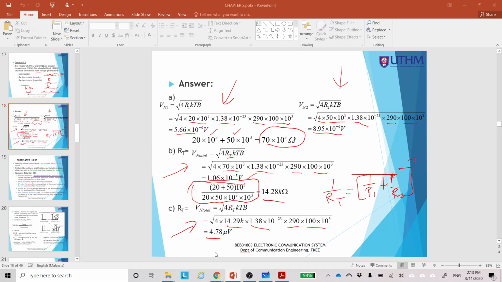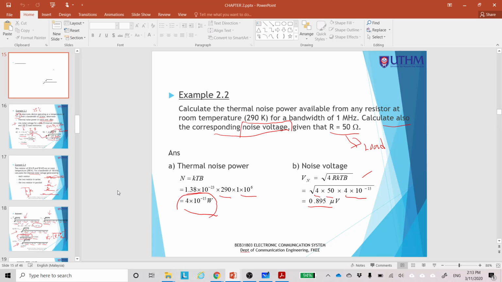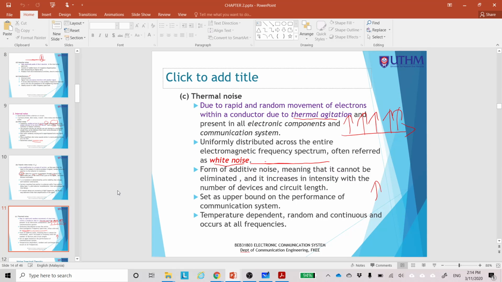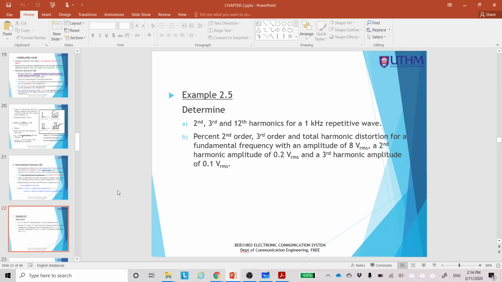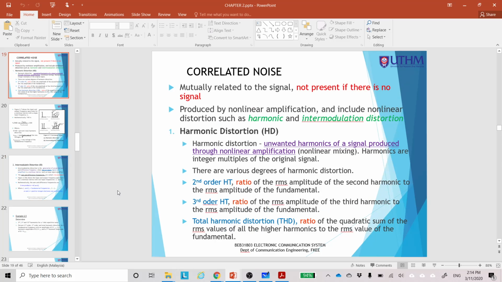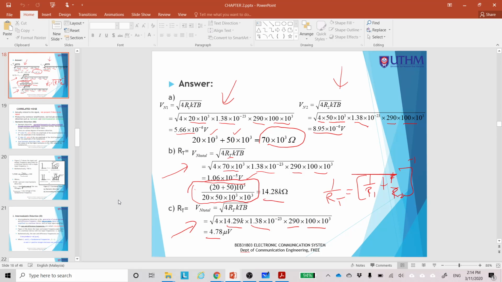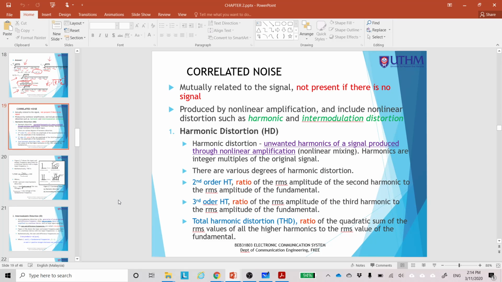So saya sambung kepada slide yang ini. So tak banyak pada peringkat awal itu ada berkenaan dengan noise theory tentang family of noise. So you need to know that correlated noise and also the uncorrelated noise. So remember that previously uncorrelated noise is the noise that present although there's no input signal.